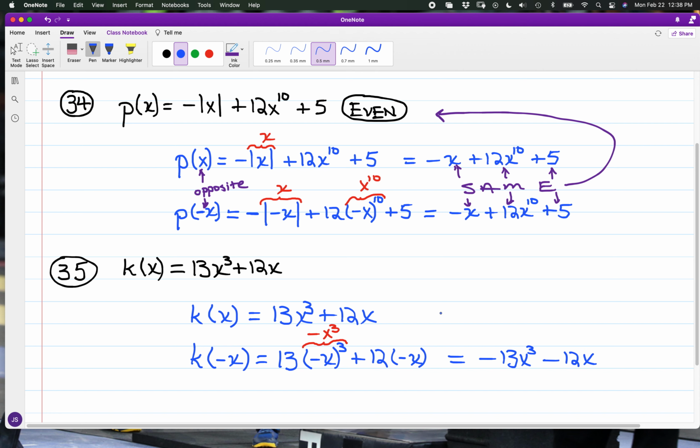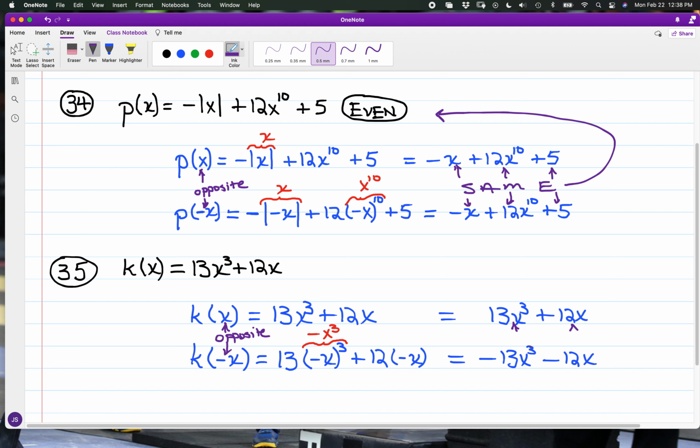And I'll just duplicate what I have for k of x. So I have 13x cubed plus 12x. And just like what I had initiated for p of x, with k of x I'm taking opposite sign inputs. And for the outputs, we have positive 13x cubed and negative 13x cubed, and positive 12x and negative 12x.